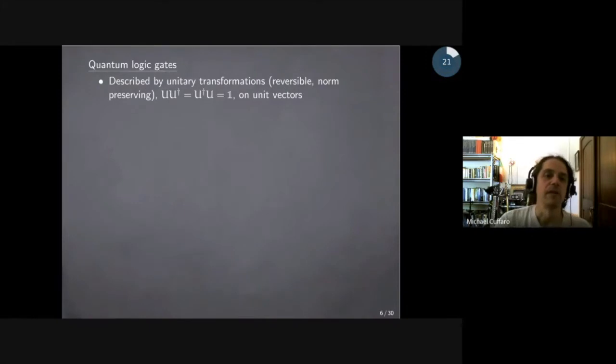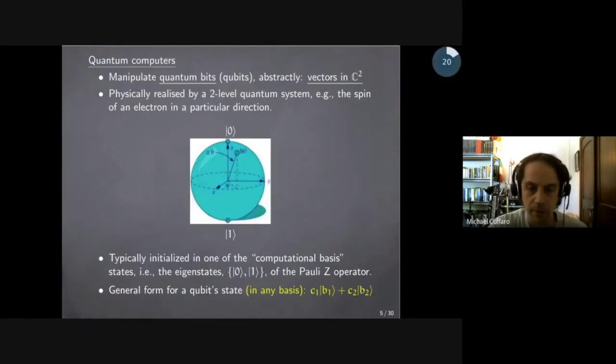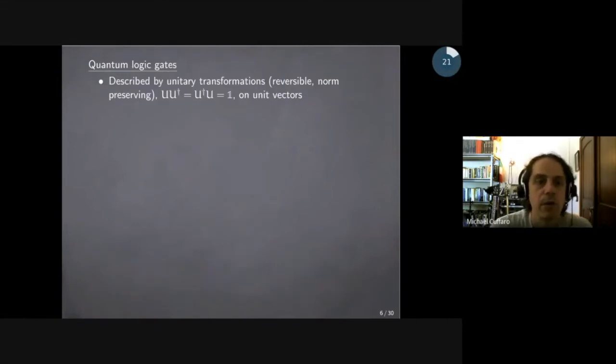Okay, so that's the space of a qubit. Now a quantum logic gate. It's analogous to a classical logic gate, but in quantum computing, we describe quantum logic gates by unitary transformations. Remember that unitary transformations are reversible operations, and they're norm preserving. That's different from classical computing.